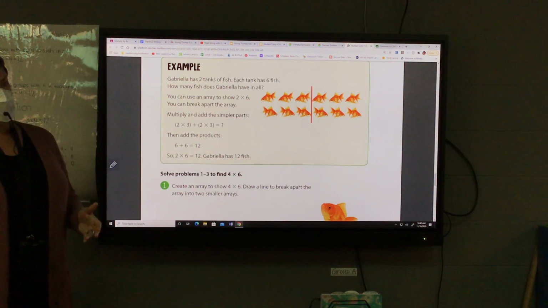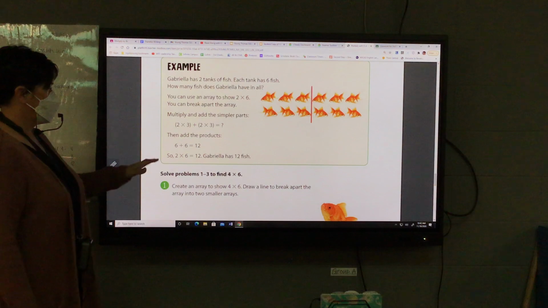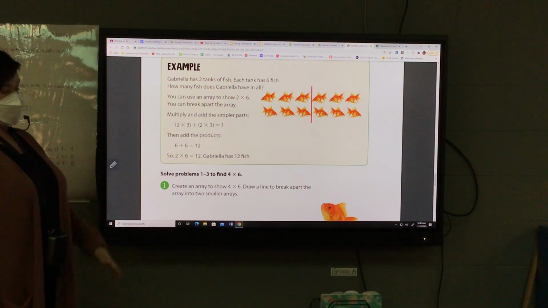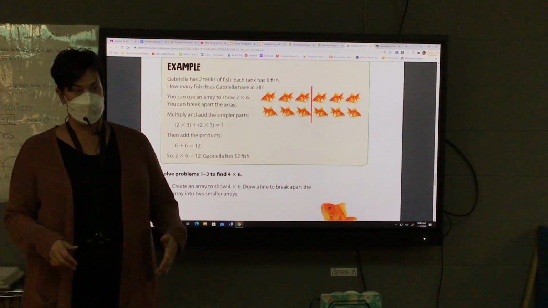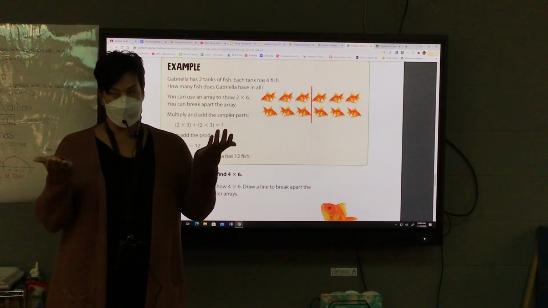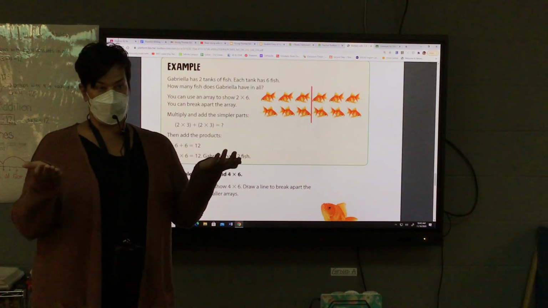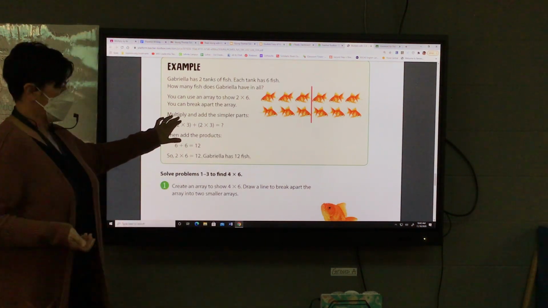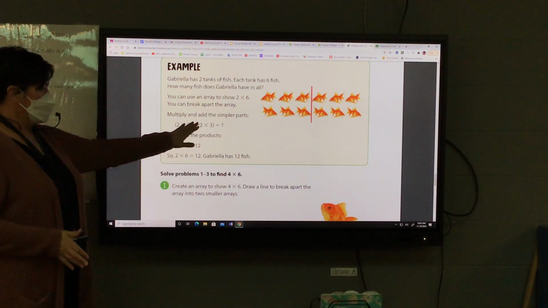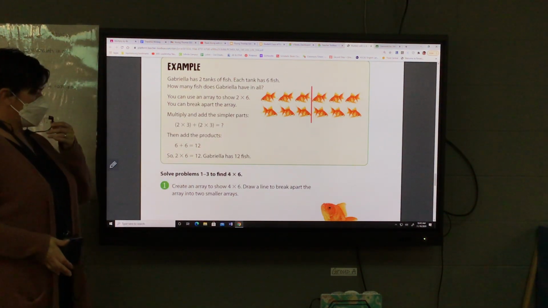You can break apart the array, just like they did over here. Multiply and add the simpler parts. Remember, because if you break it apart, you have 2 separate multiplication expressions. So multiply and add, we have to add those simpler parts back together.